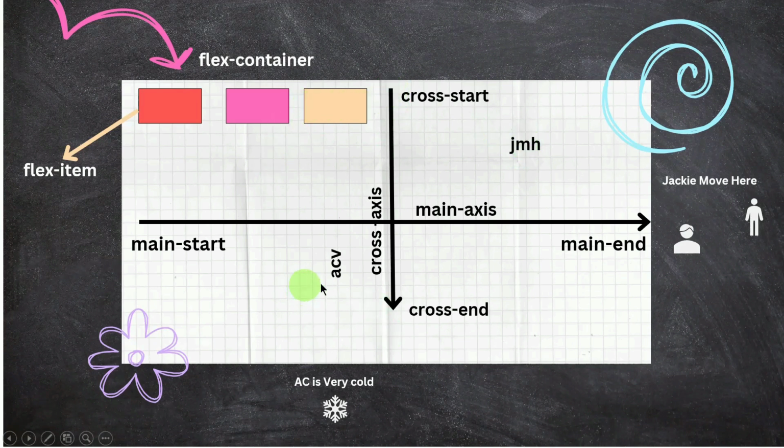Similarly, the opposite one, align items, will be vertical and that axis will be called the cross axis. So whenever flex direction is row, justify content will move in the horizontal way, and align items will move in the vertical way.